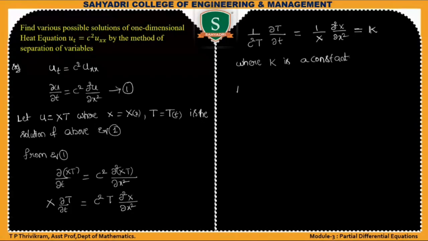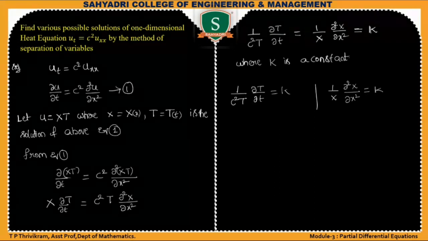So 1/(c^2 T) times ∂T/∂t is equal to k, which I have taken. Similarly, 1/X ∂^2X/∂x^2 is equal to k.